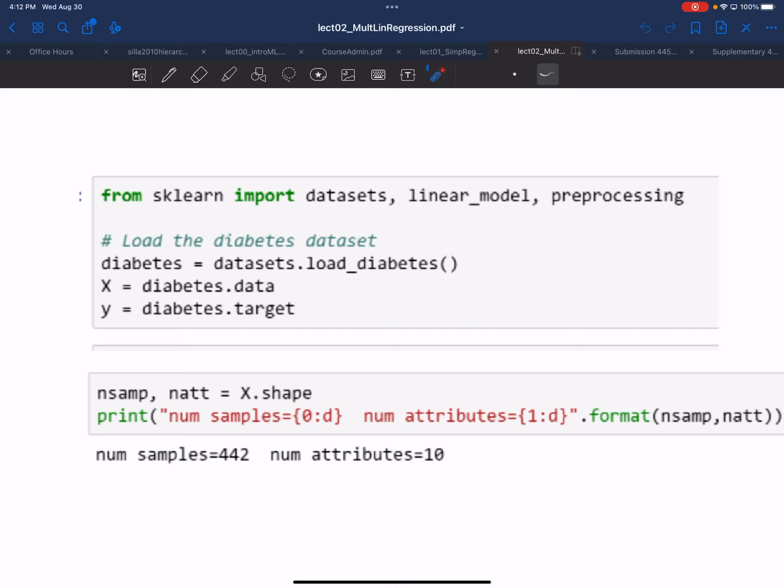It has the same kind of interface that we saw for the first demo. So you basically load this directly like this, and then you get a structure where there's a data and a target structure, just like last time. And if we look at the data structure, we'll call that X, and you look at its shape, that's a way of finding its dimensions in NumPy. You find that it has 442 samples, like we said, and 10 attributes or features.